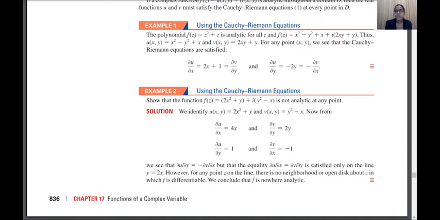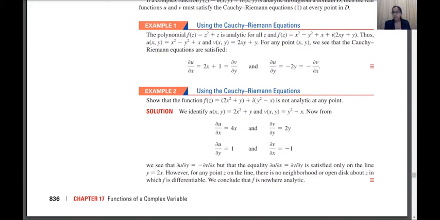So z square would be (x plus iy) whole square plus x plus iy. Rearranging and grouping together the real terms and the imaginary terms, we get f of z equal to x square minus y square plus x, plus i into 2xy plus y.